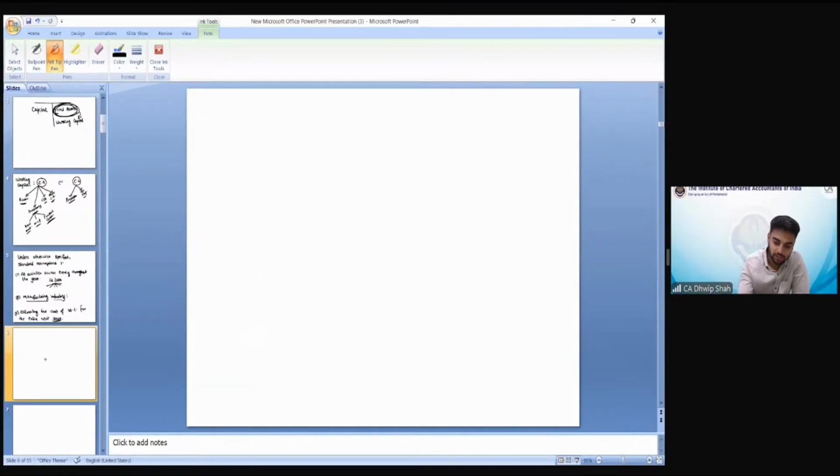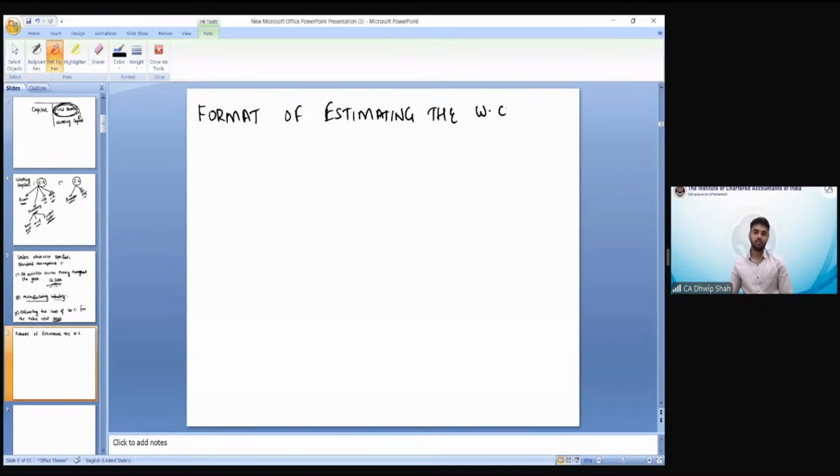Okay? So the format of estimating the working capital is as follows. First of all, you write the heading: Estimation of working capital for X Limited.